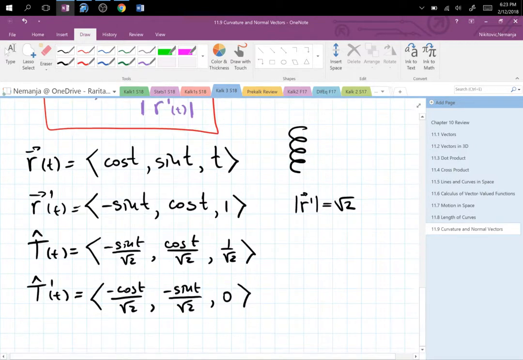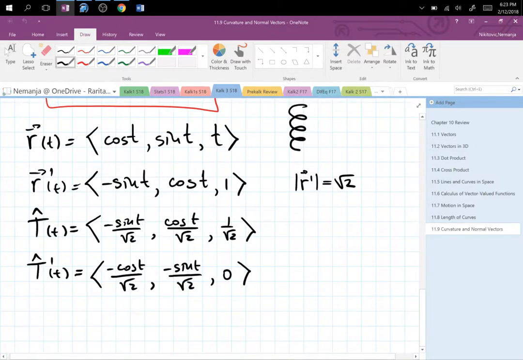Finally, I need to find the magnitude of this and divide it by the speed, divided by square root of 2. So the magnitude of the T prime is going to be, and now I have to square each one of these. As I square the first one, the minus sign goes away, right, because it's squared.